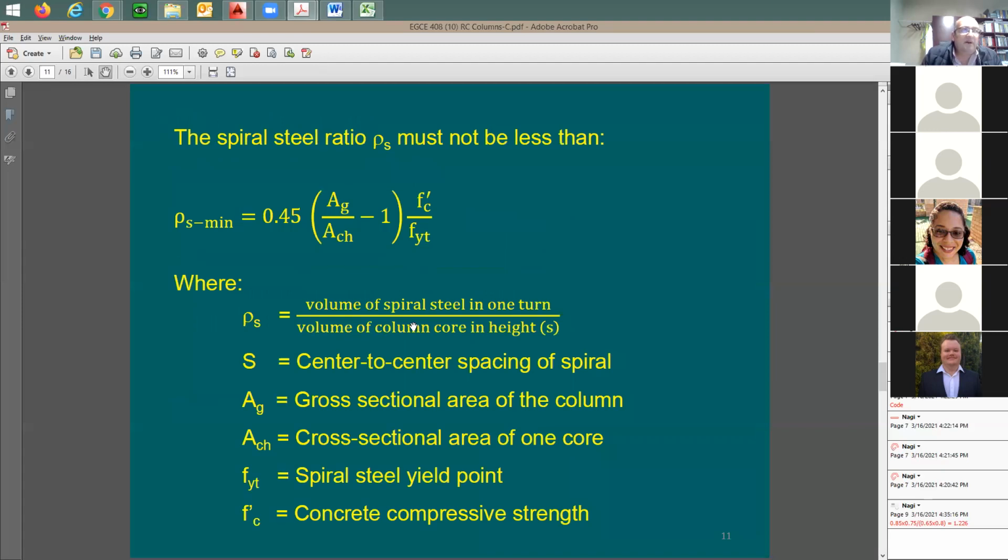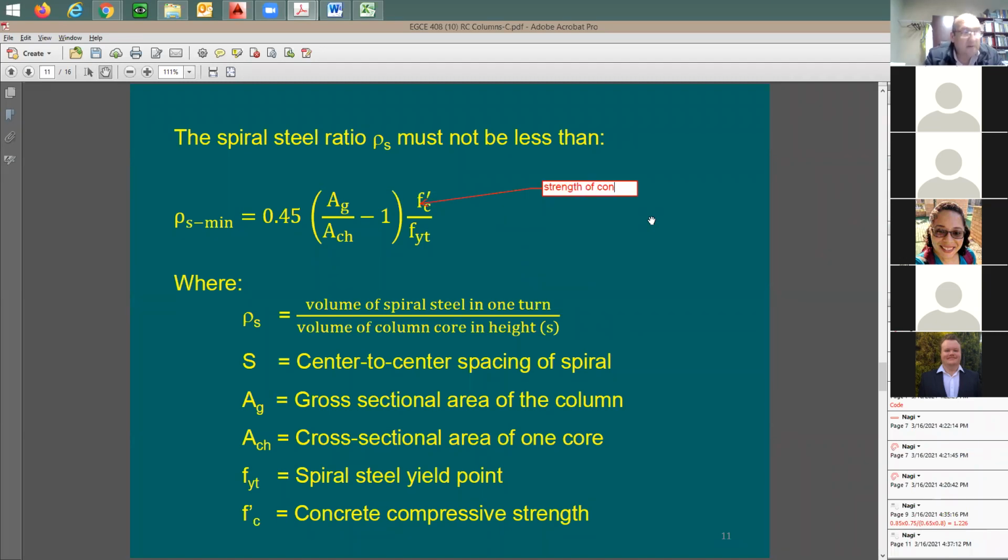The amount of spiral reinforcement is also given in the code by this equation. Let's look at these variables and try to understand what is F prime C. Anyone knows F prime C? The meaning of this? This is going to be concrete strength, right?